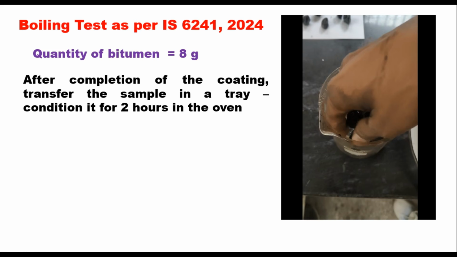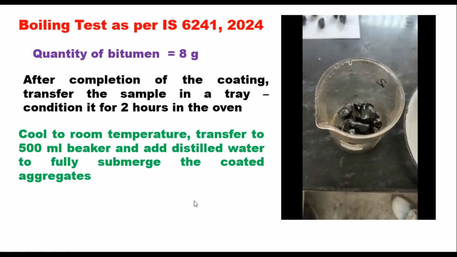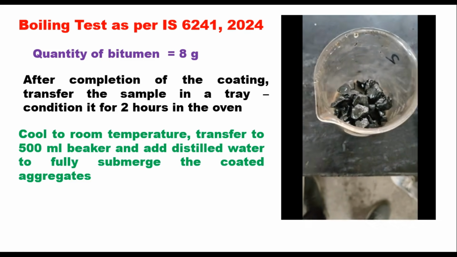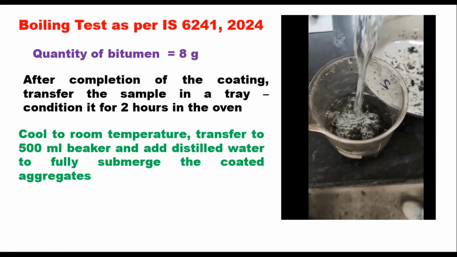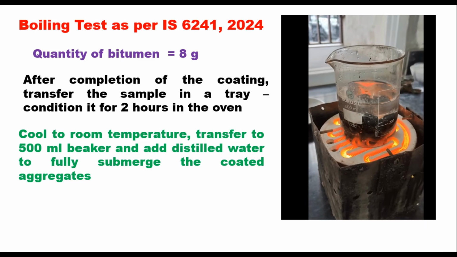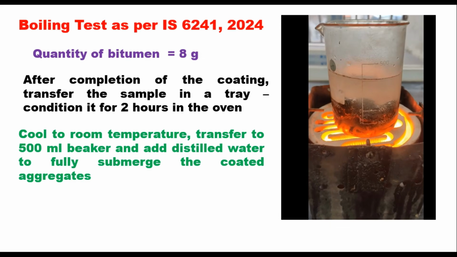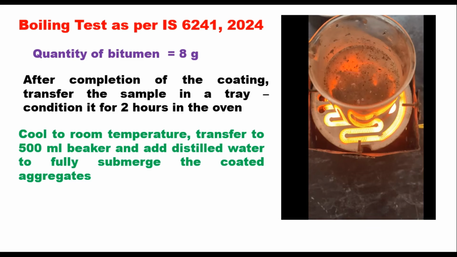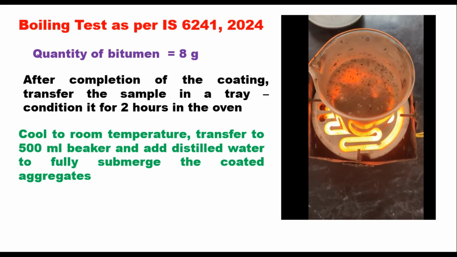After conditioning in the oven for 2 hours, the mixture is allowed to cool at room temperature, and then it is transferred to a 500 milliliter beaker and then add distilled water to fully submerge the coated aggregates. After that, put the beaker on a hot plate and start heating. Bring the water to the boiling temperature and continue it for 30 minutes.